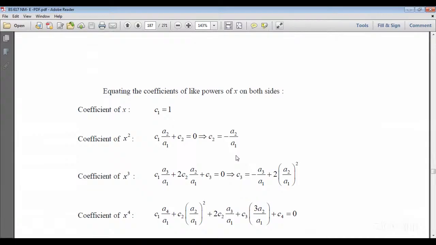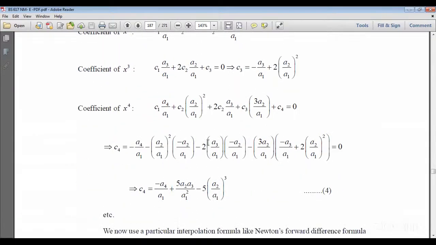Then the coefficient of x power 3: a3 by a1 plus 2 c2 a2 by a1 plus c3 is equal to 0, so c3 is equal to minus a3 by a1 plus 2 times (a2 by a1) whole square. Then for x power 4: c1 a4 by a1 plus c2 (a2 by a1) whole square plus 2 c2 a3 by a1 plus c3 times a2 by a1 plus c4 is equal to 0. C4 is then minus a4 by a1 plus minus (a2 by a1) whole square, and so on.